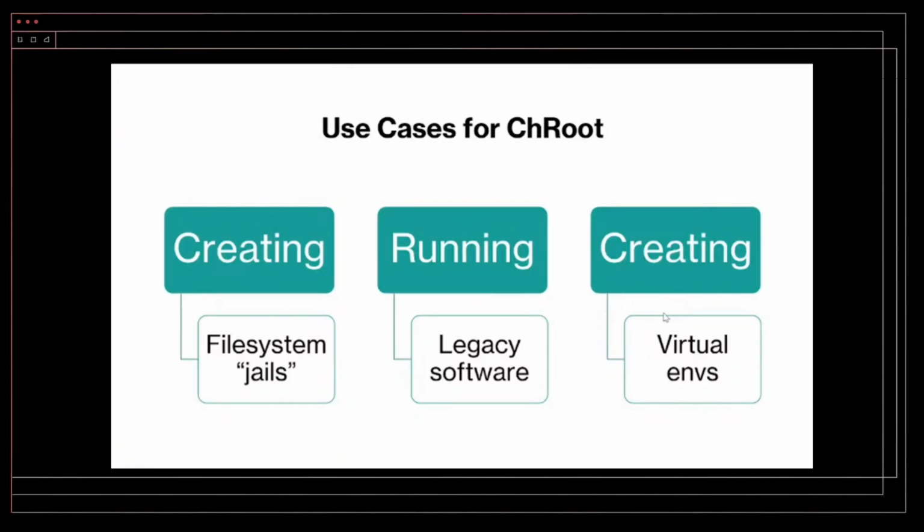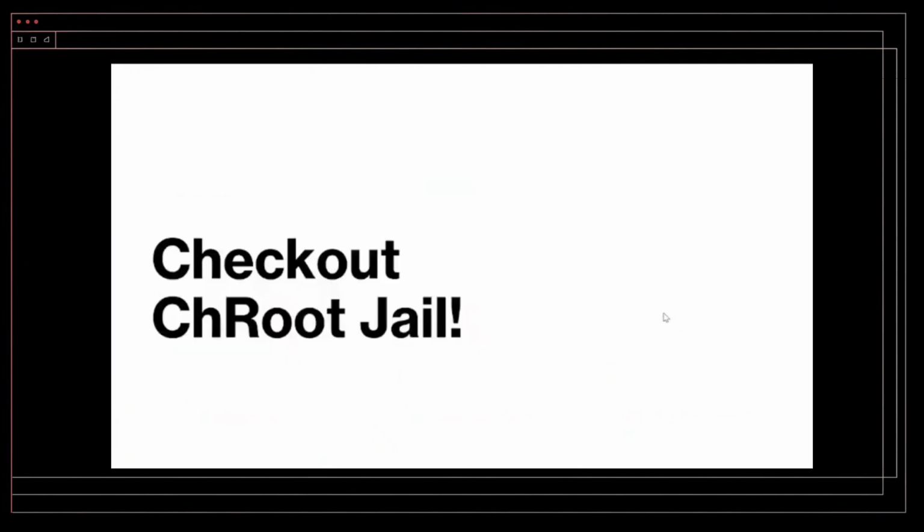It's one of the methods through which you can create virtual environments. There are more use cases. These are just a few examples that I remember. Also check out chroot jail. It's a pretty good tool, and later I think you will be able to see the difference between chroot jail and containers. There is some difference, and it's quite interesting.